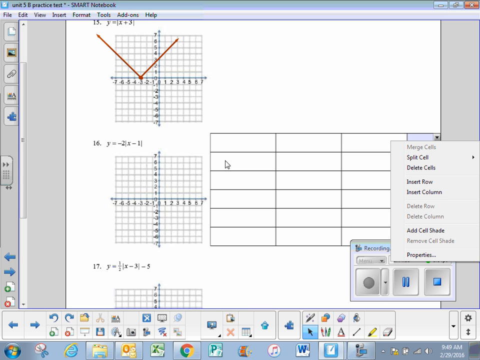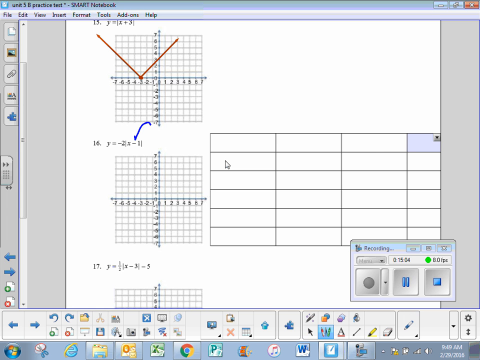Very good, Brandon. How'd you know that? Because it's the opposite. It's minus h, so in place of h we have 1, so that's an x-coordinate. So our vertex is 1, and then there is no k, so we could say it's 0, because if we're not adding anything, it's 0. So that is our vertex.